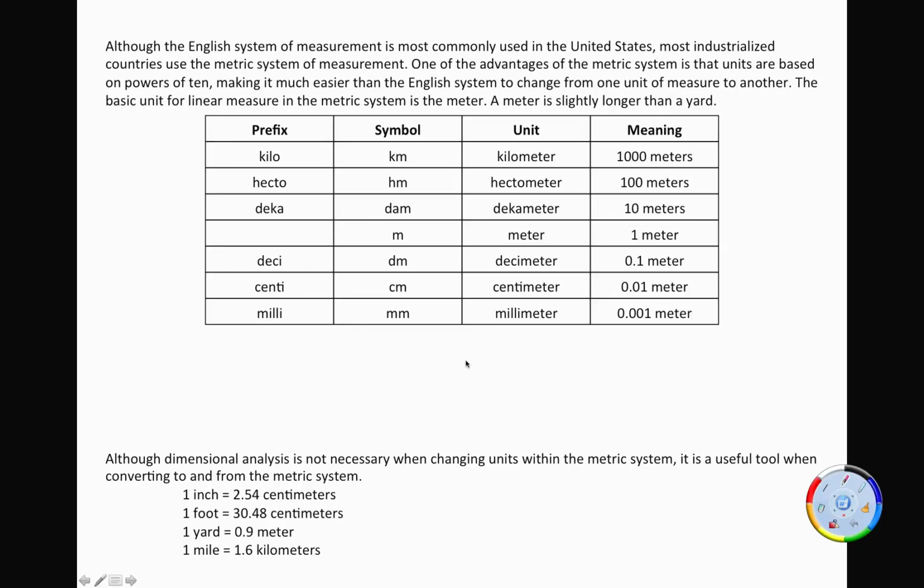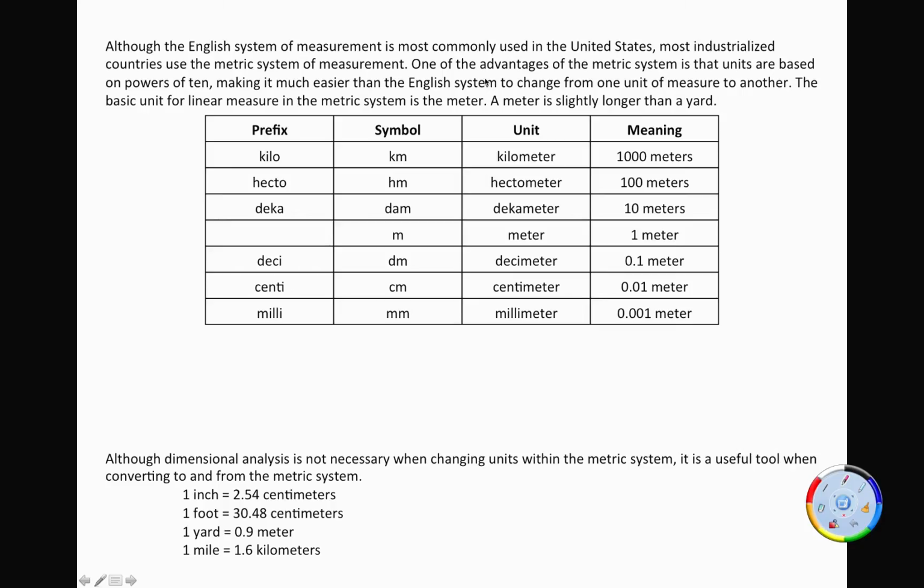I could get on a big soapbox about this, and normally I do, but I'll try to refrain from that right now. But it's really important that we become more comfortable with the metric system. So just keep that in mind. We'll probably make another couple of comments about that.